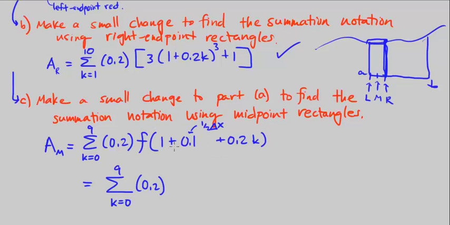Our function, remember, we could combine like terms, so let's do that first before we get our final answer. It's 0.2 times f of 1.1 plus 0.2k. We plug into our function. Remember, our function is just y equals 3x cubed plus 1.